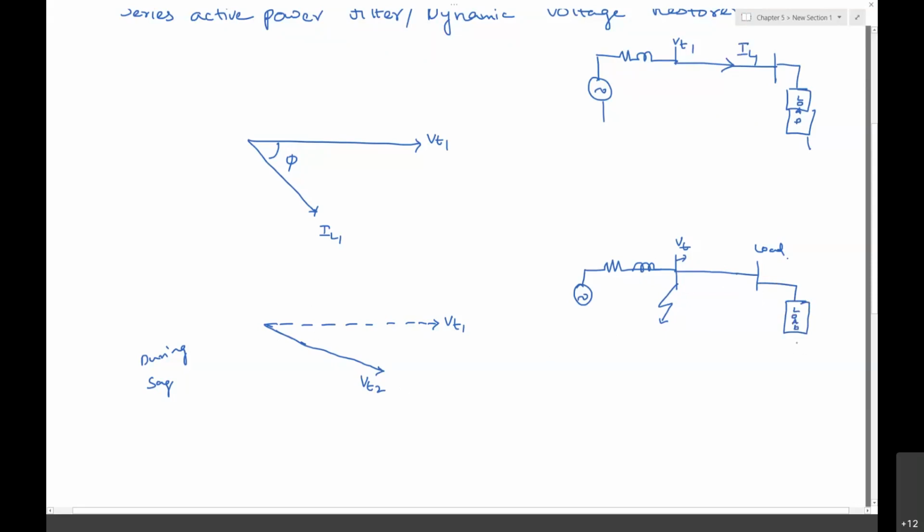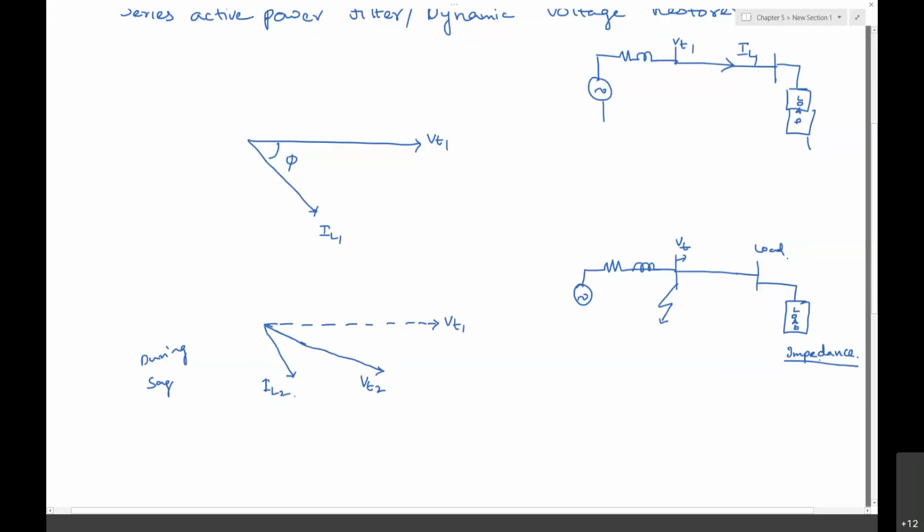It is an impedance load, not a constant power load. Whatever the decrease in the voltage magnitude, the same affects the load current. This is IL2, with respect to a constant impedance load.